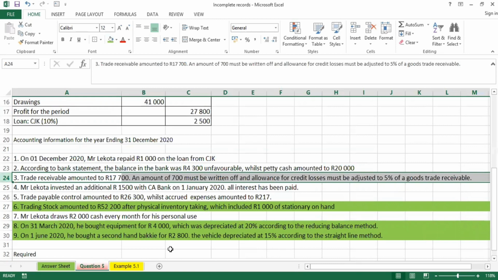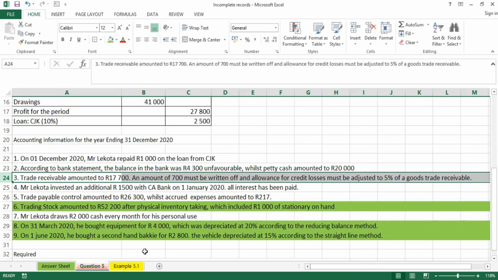The information says that trade receivables amounted to 17,700, so at the end, our trade and other receivables amounted to 17,700. And then they also tell us that an amount of 700 must be written off. So you must write off the 700 from that total amount of 17,700.